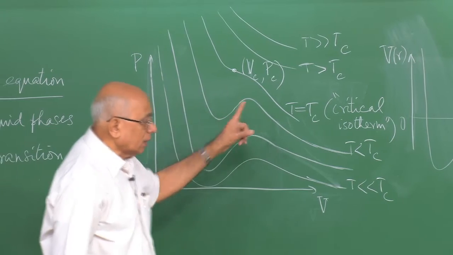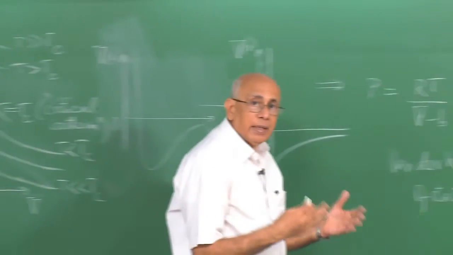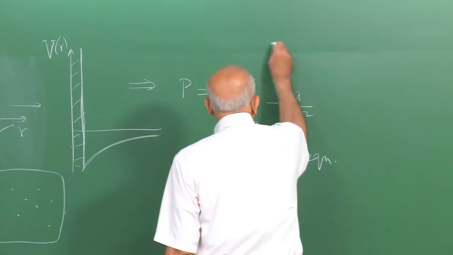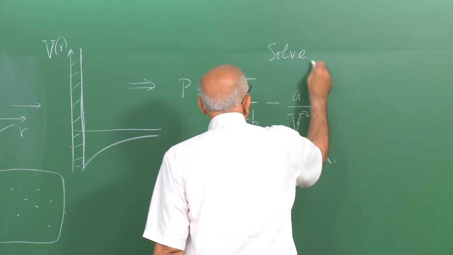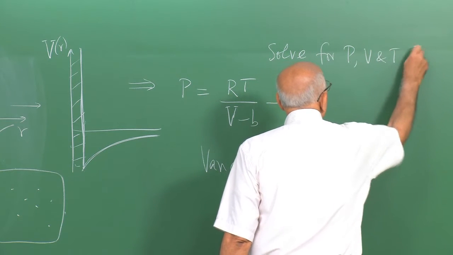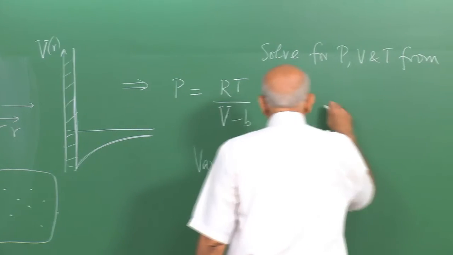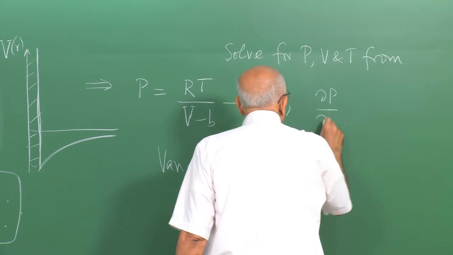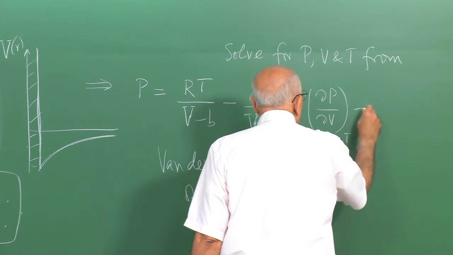We can compute this by solving three simultaneous equations. So solve for P, V and T from this equation, delta P over delta V at T equal to 0.